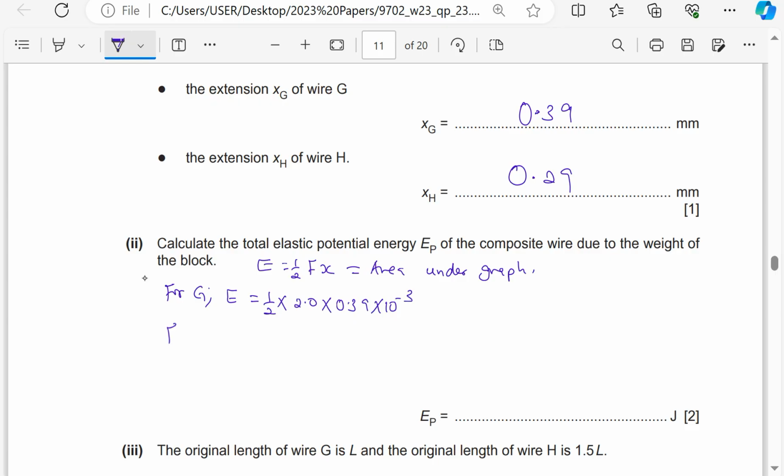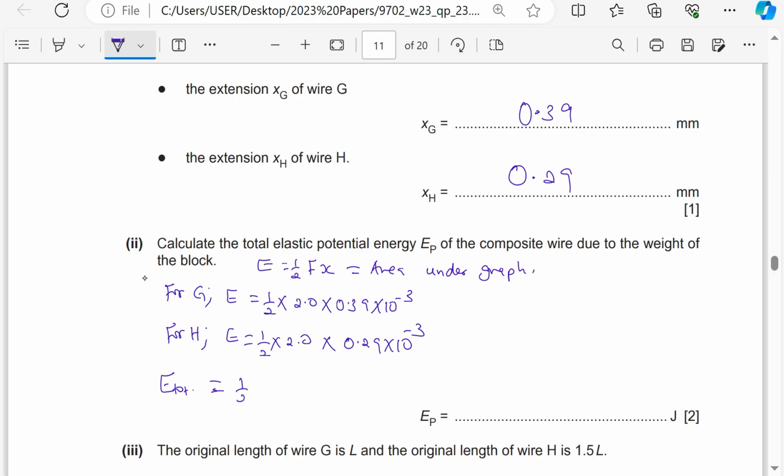And then for wire H, the elastic potential energy is going to be a half times the weight, which is 2.0, times the extension, which is 0.29 times 10 to the power of minus 3. So the total elastic potential energy is going to be the sum of these two.